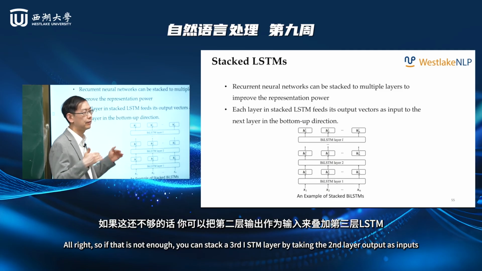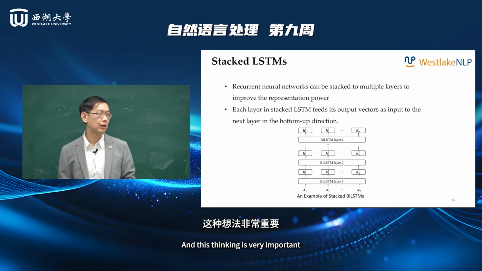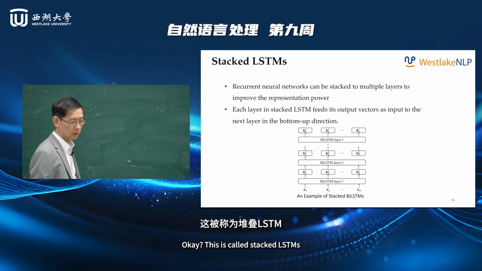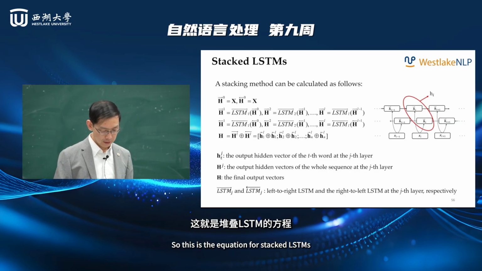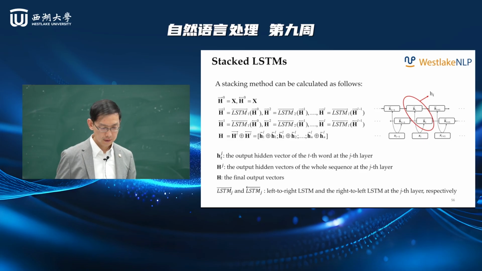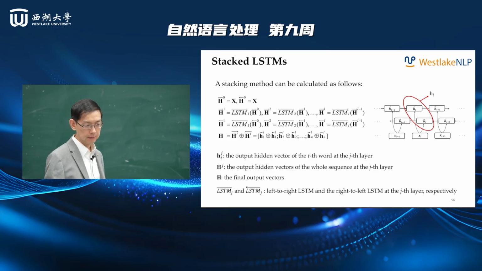If that is not enough, you can stack a third LSTM layer by taking the second layer's output as input. So you stack LSTMs in this way and you get a multi-layer neural network. This thinking is very important. This is called stacked LSTMs. So this is the equation for stacked LSTMs: layer L takes the output of layer L minus 1 as its input.